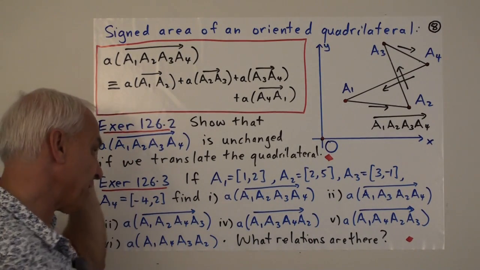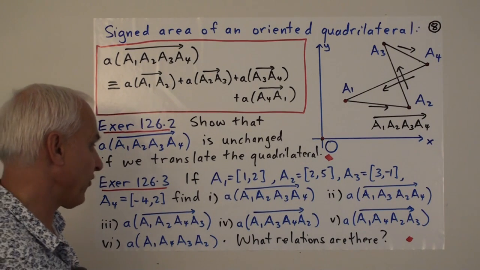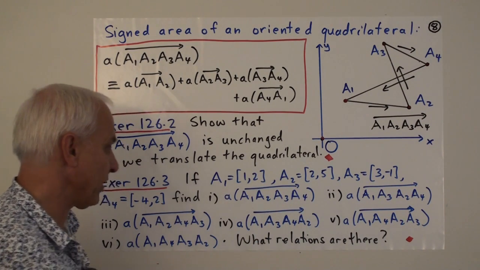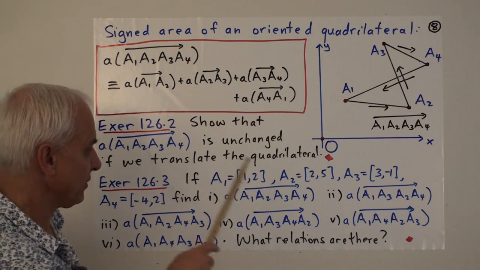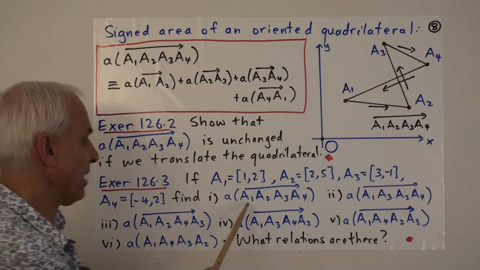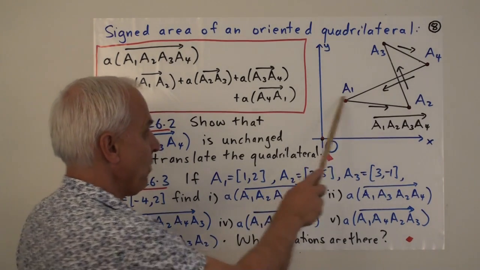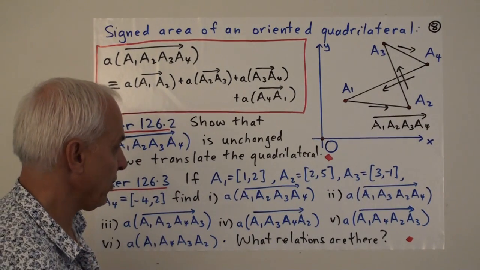Okay, and another specific exercise. Here are 4 points, and just some practice, calculating what these signed areas look like. So I've given you 6 different ways of going around a quadrilateral. For example, if the points are this one, A1, A2, A3, A4, that would be that non-convex quadrilateral.